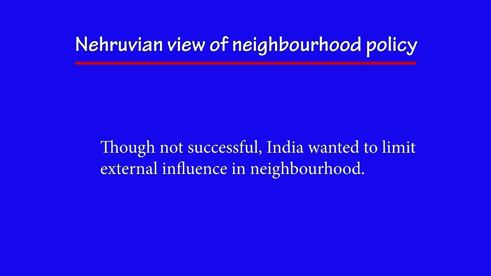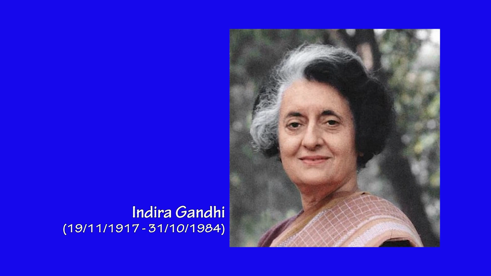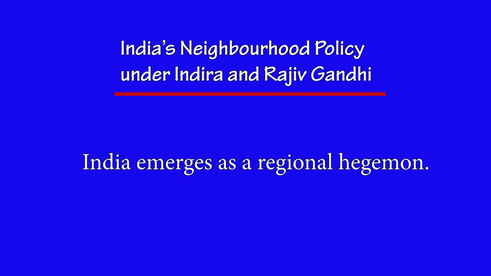Though it was not very successful, after a new regime came, in the form of Indira Gandhi and Rajiv Gandhi, first of all Indira Gandhi, India's neighbourhood policy underwent a few changes. India now emerges as a regional hegemon in the South Asian subcontinent.